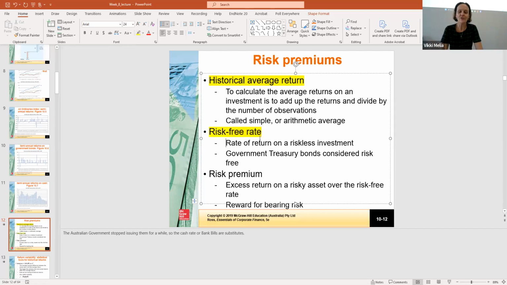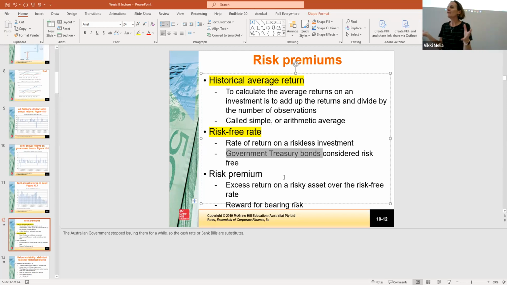Another term that we're going to look at in this topic is called the risk-free rate. The risk-free rate is the rate of return that you get from investing in a risk-free asset. I know it sounds really strange to say that any asset would be risk-free, but in Australia, the closest thing we have to a risk-free asset is a Commonwealth government bond.